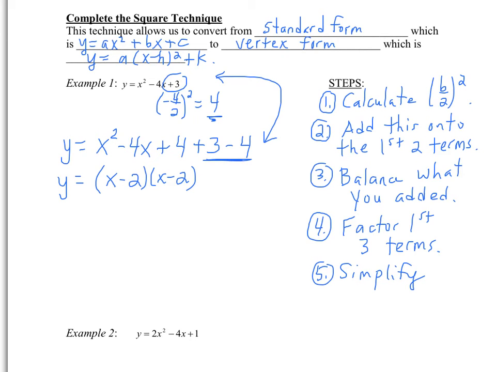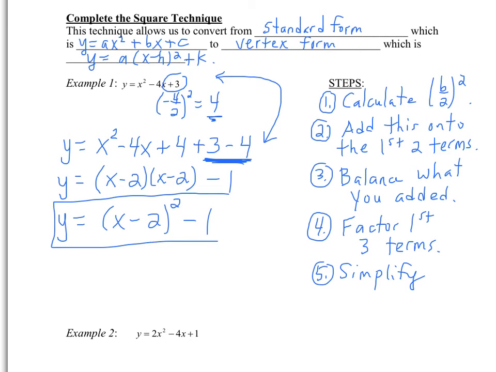So by that I mean we want to take what's left over here, this 3 minus 4, and turn that into negative 1. And since we have 2 identical factors, which again that's going to happen every time, we can express it as a single quantity, a single factor of x minus 2 squared, and then minus 1. So this is now in vertex form.